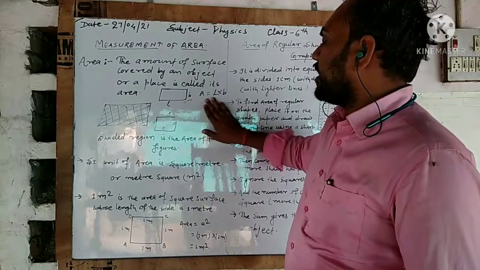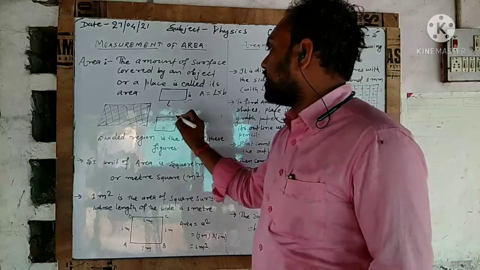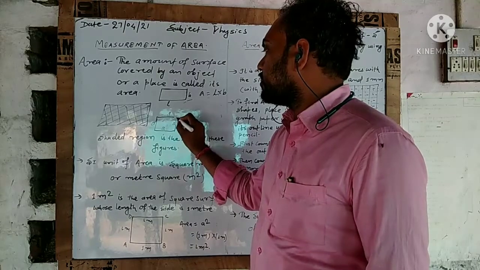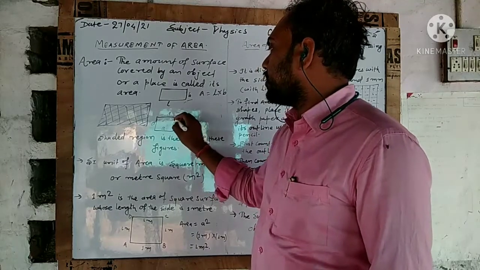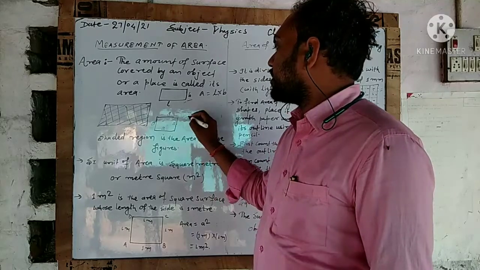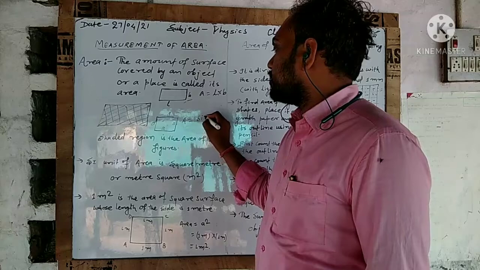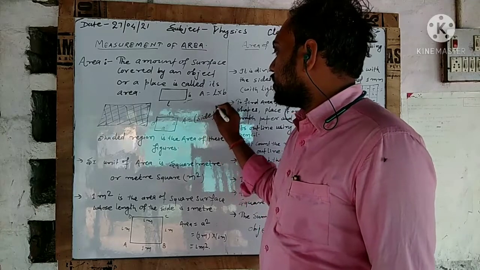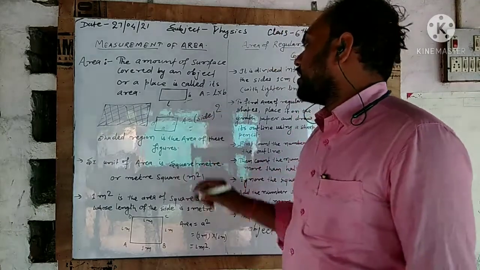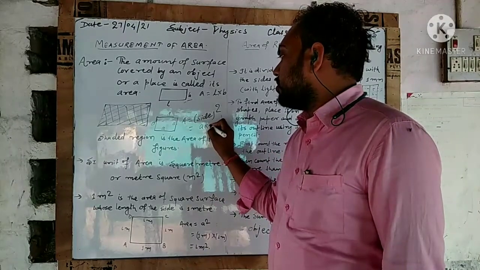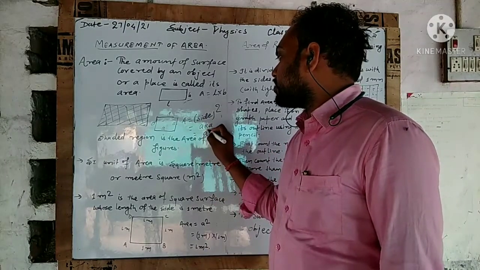As we have learned that the area of a rectangle is length into width, the area of a square is side square. So here we get side a into a, that is a square.